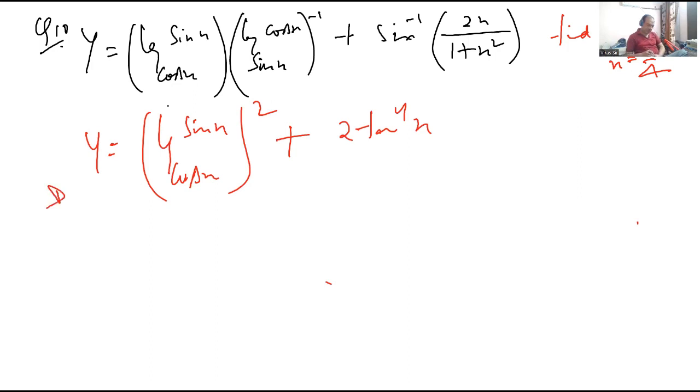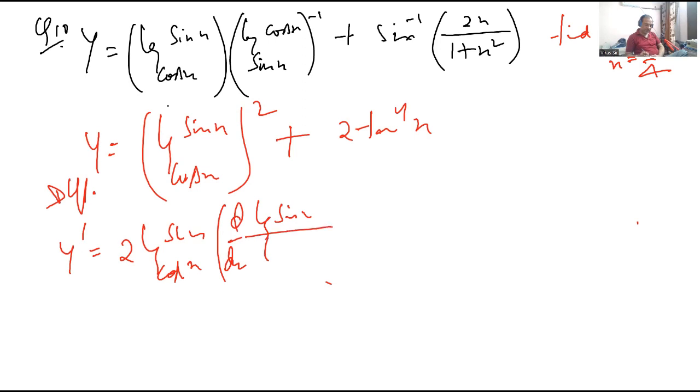On differentiating both the sides, I will be having y dash is equals to 2 log sine x base cos x, and then I have to differentiate d by dx of log sine x over log cos x. Furthermore, in this part, I have to write twice 1 over 1 plus x squared. Okay, this is the total thing which I have to do. Clear?